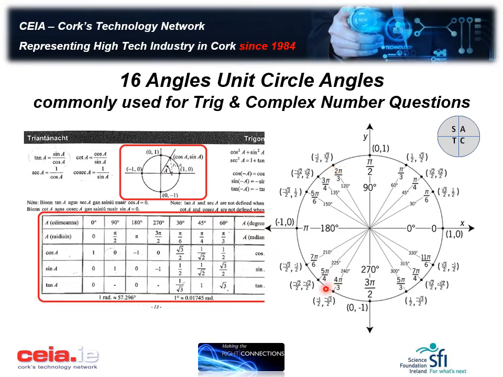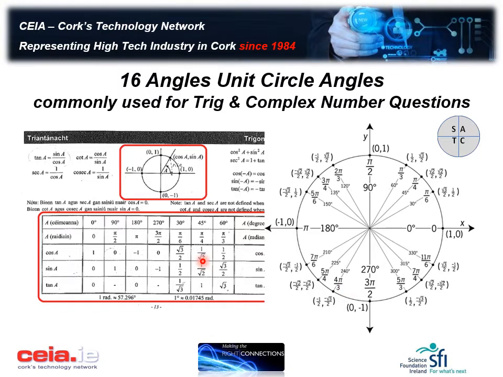Let's take another example, perhaps down here. For 5 pi over 4, we need to recognize that that is similar to the pi over 4 angle. Pi over 4 gives us 1 over root 2 and 1 over root 2, but because of the quadrant that it's in, both those values will be negative.